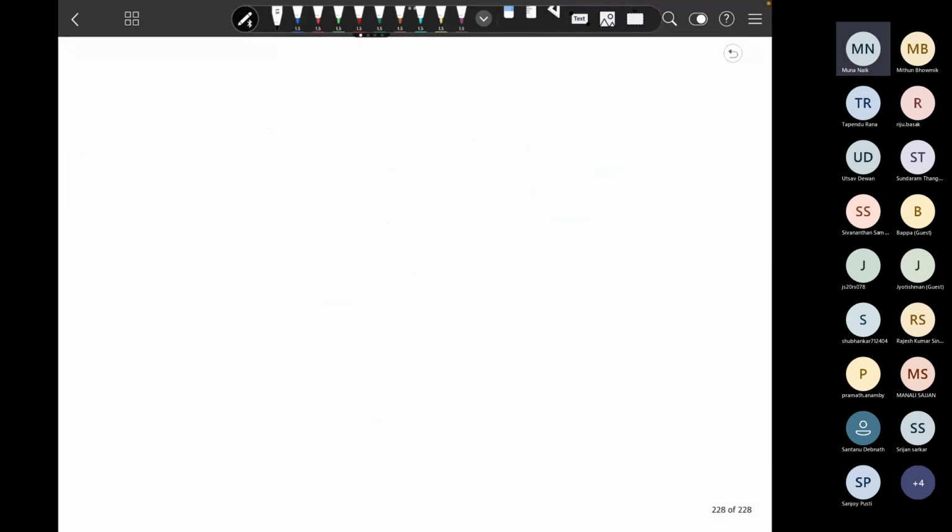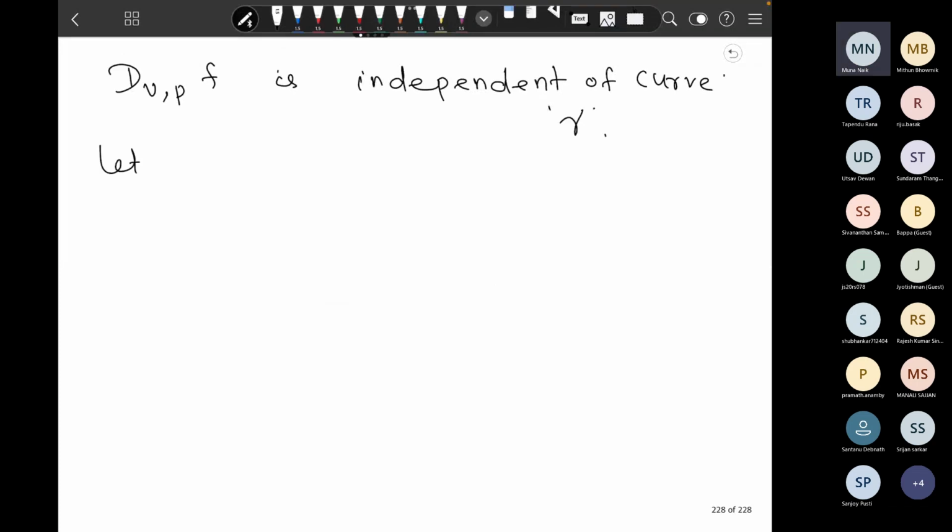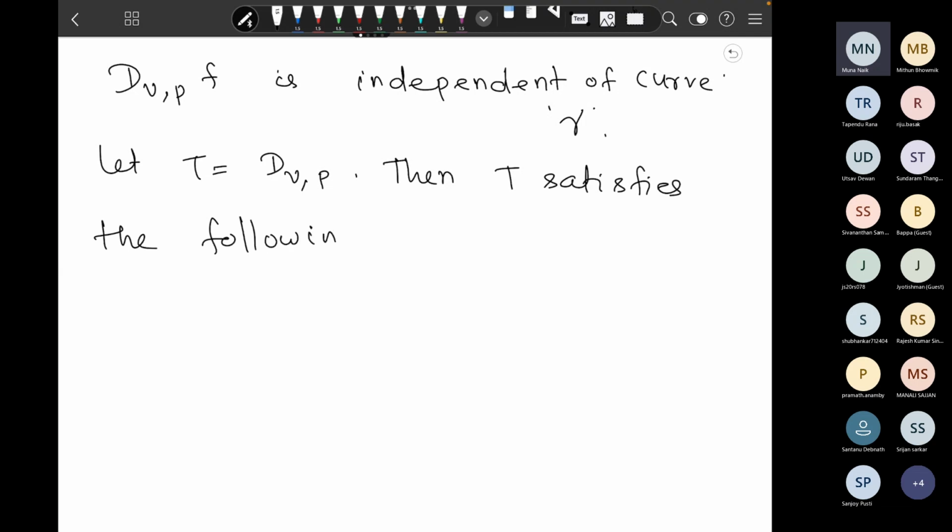Now, if you let T be equal to D_{v,p}, then T satisfies the following properties.